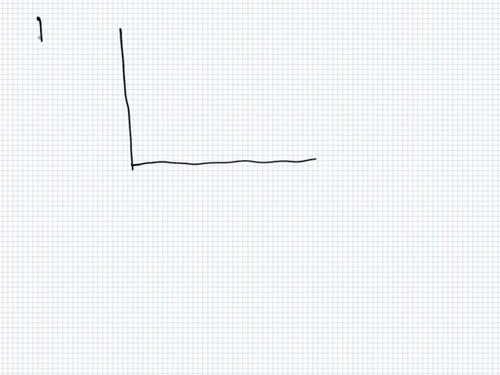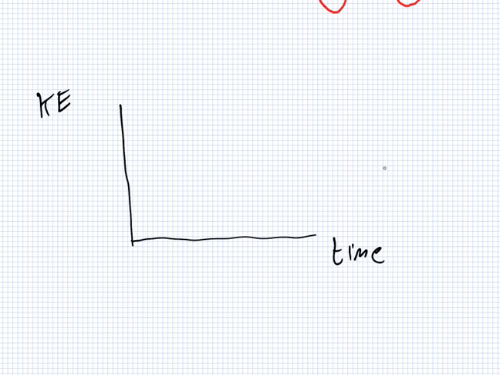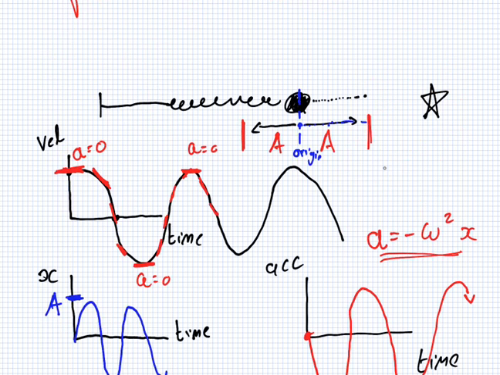So let's look at kinetic energy and time. So at the beginning, would you say the kinetic energy is big, small, or 0? What do you think? I don't know. At the beginning, it starts in the middle.